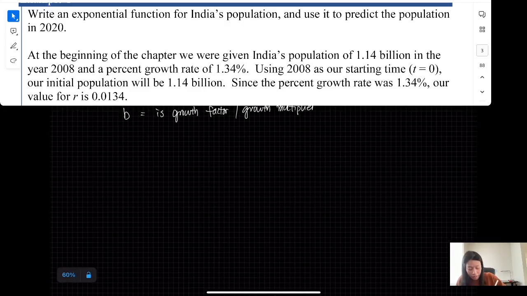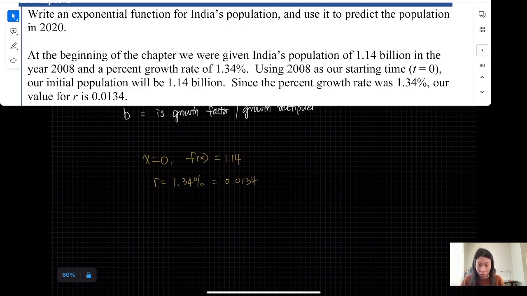So that means when x = 0, f(x), the initial value, is equal to 1.14 billion. And I know that the rate is 1.34%, which, if we convert it into a decimal, should be 0.0134. Okay, so how can I write it?